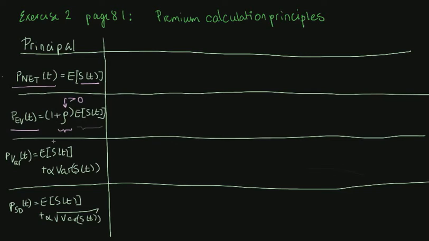Another way that we can do the safety loading is to say, well, we do know that the claim sizes have an expectation. However, we also know that the total claim size can vary.